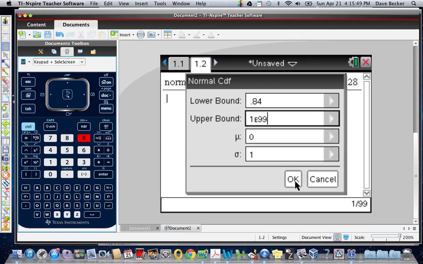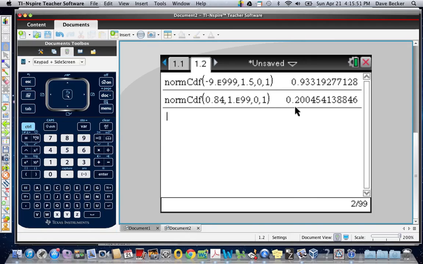We hit OK, and we get our 0.2000. I was having trouble remembering if this was 1 or 10. Sorry about the pause. Okay, so we don't have to do the 1 minus thing if we have our calculator, because we can do our lower bound and our upper bound. This is to positive infinity.